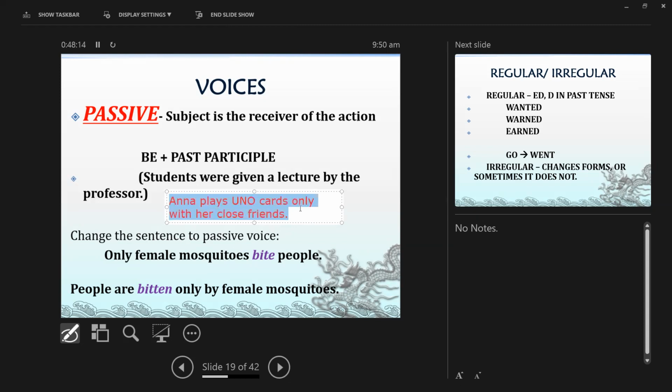Gusto ko red. Let's make it into a passive sentence. Any answers? How about Zoom participants? Walang nagbibigay ng answer.